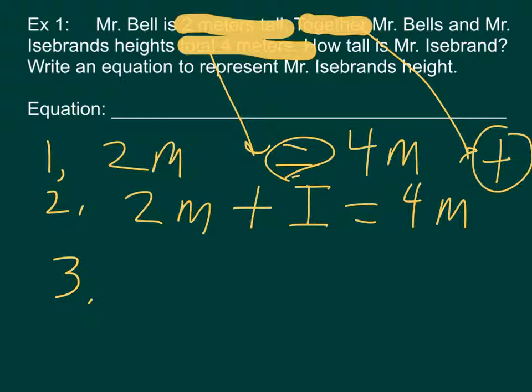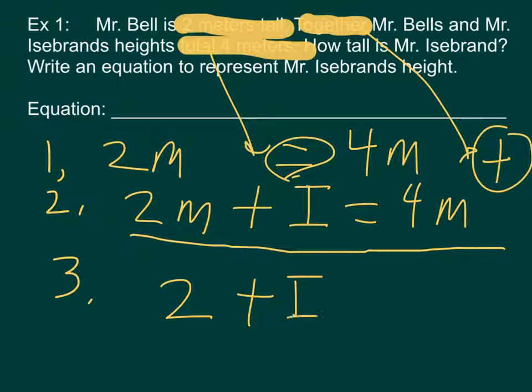So our equation for this problem is 2 meters, or 2, plus I equals 4 meters. To write it without the units would be just 2 plus I equals 4. It is a word problem, so if you did the math and wrote the answer, you would give an answer that had a label of what the measurement is. You don't have to worry about it right now as much, but here's what we're doing.